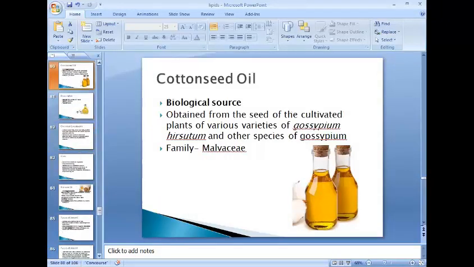Cotton seed oil is obtained from a variety of Gossypium hirsutum and other species of Gossypium that belong to the family Malvaceae.